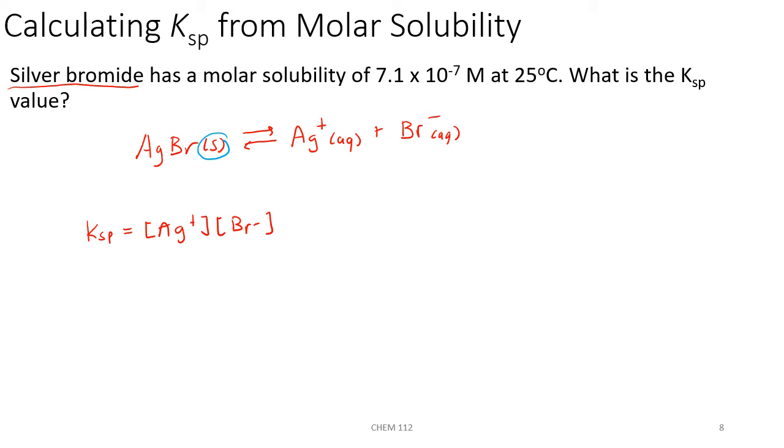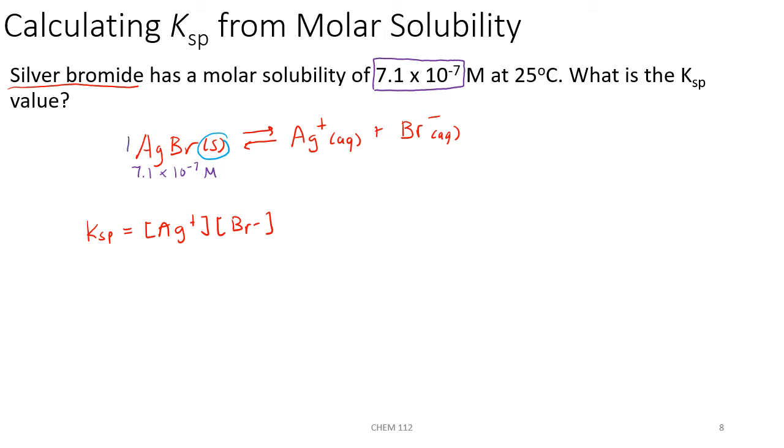Now, we were given in the problem the molar solubility of the silver bromide. It was 7.1 times 10 to the negative 7th moles per liter. So that's for the AgBr. But we can use the ratio or the stoichiometry from the balanced equation to figure out what the concentration of our ions are in solution as well.